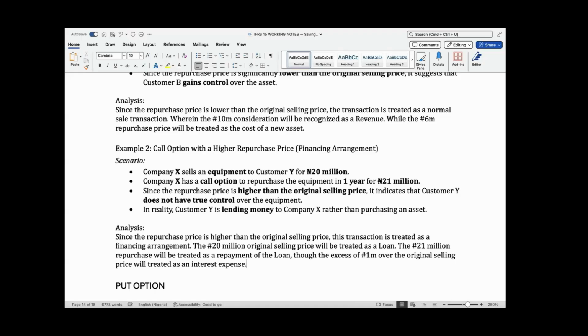That's how we will put it as a finance cost in P&L. That's how this is going to work.